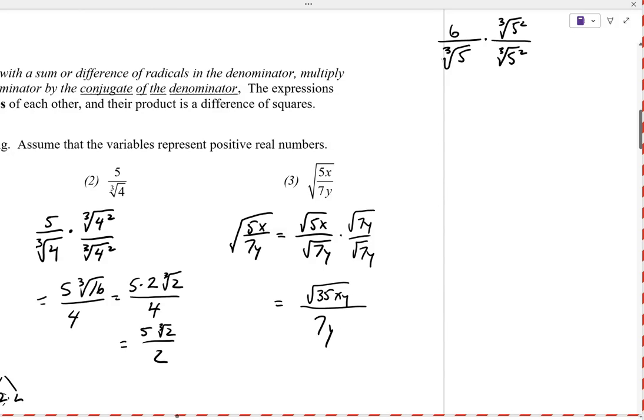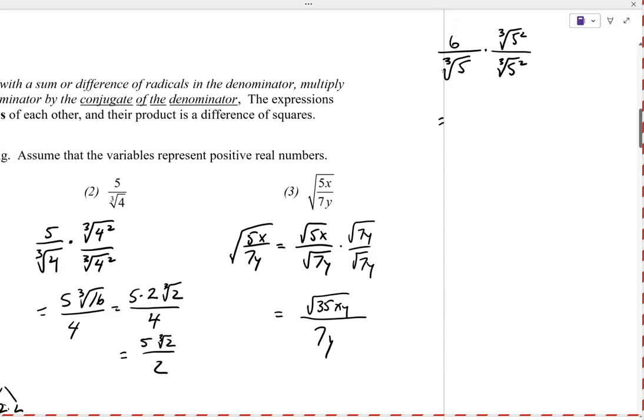Again, if we think about it, kind of how we just simplified that cube root of 16, we're looking for groups of 3 when we simplify a cube root, right? We have 1 5. I need 2 more 5s to make a group of 3 to simplify the cube root. Does that make sense? Okay. So what do you get on bottom when you multiply that? 5, good.